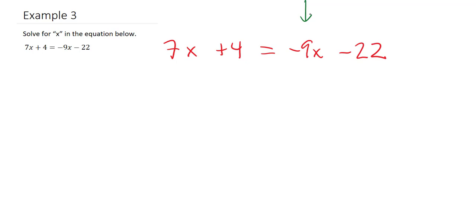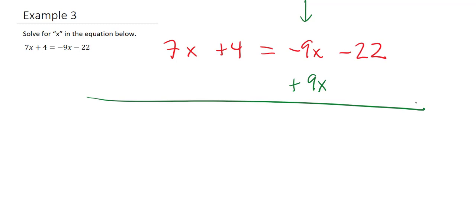I like to have, if I can, the variable being positive. That's just what I usually do. You can always go either way. You could subtract 7x on both sides and you will get to the same answer. So we're going to add 9x to both sides.